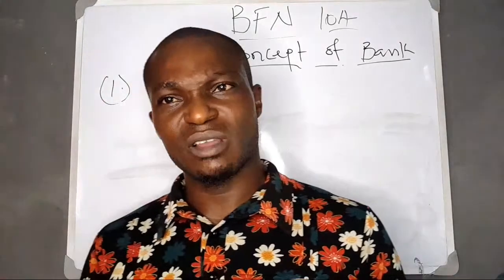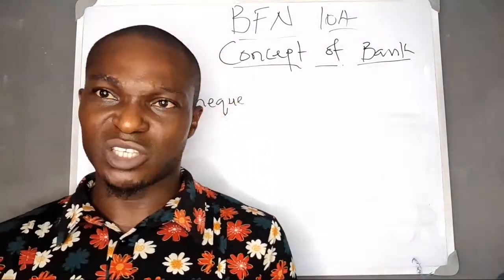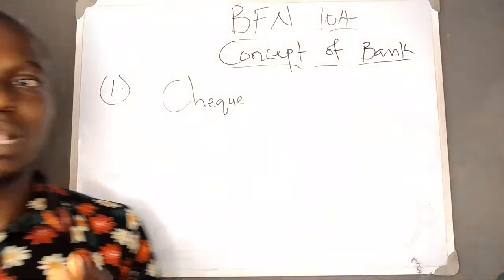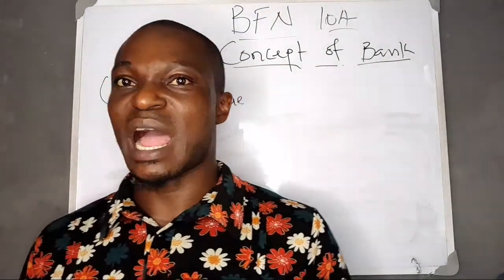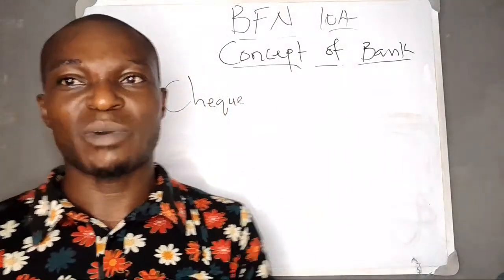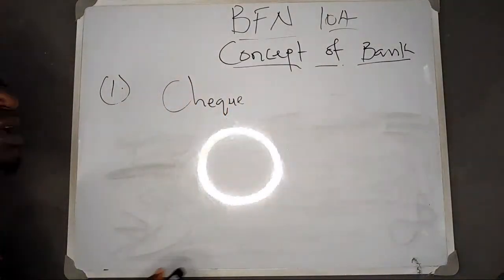So because of this fraud and this problem, we have another type of check that does not permit this type of problem. And this type of check is what we call crossed check.